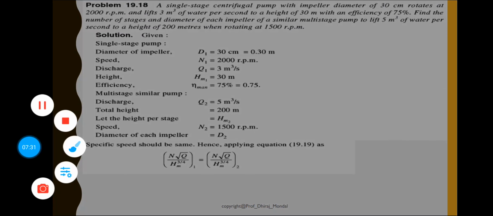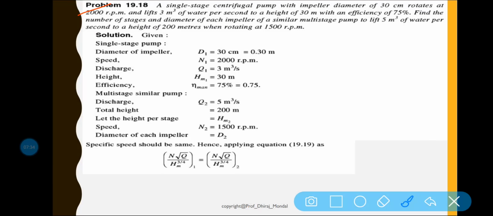Now let us solve some numericals. A single stage centrifugal pump with impeller diameter 30 cm rotates at 2000 rpm and lifts 3 meter cube of water per second, that means discharge is given, to a height of 30 meter, that is Hm1, with an efficiency of 75%. So efficiency is also given.